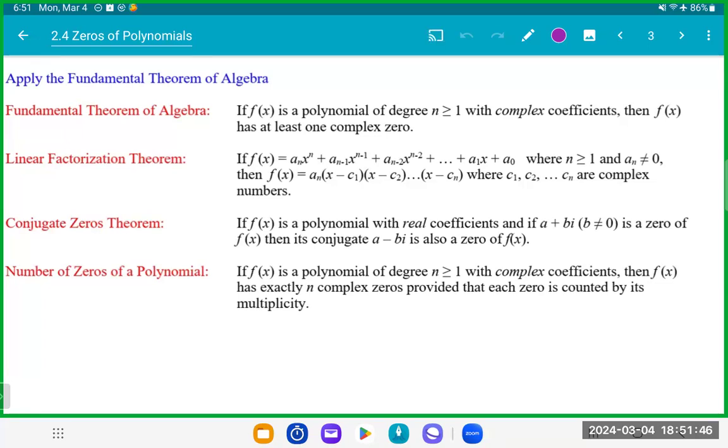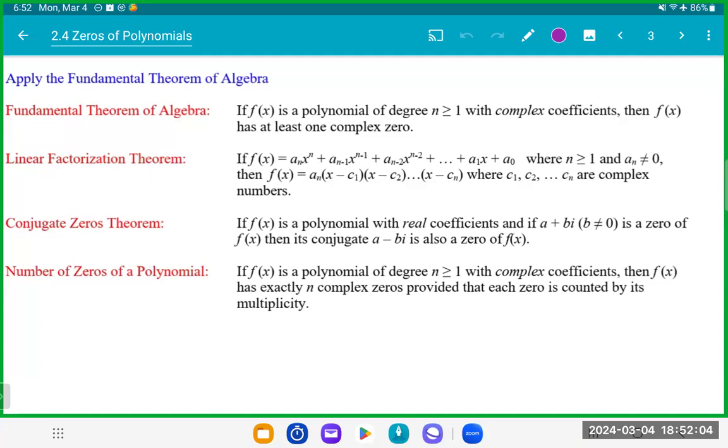The conjugate zero theorem, I mentioned this last class period, I believe, says they have to come in conjugate pairs. So if I have a plus bi, then I also have to have a minus bi because of the conjugate pair rule.